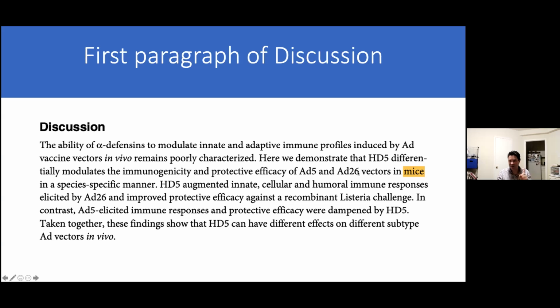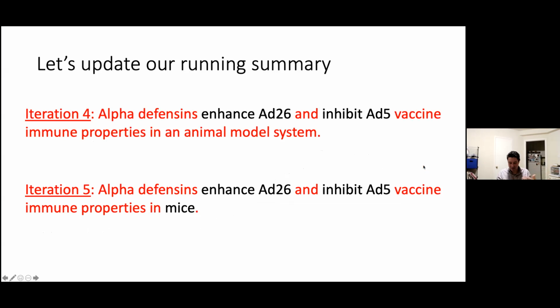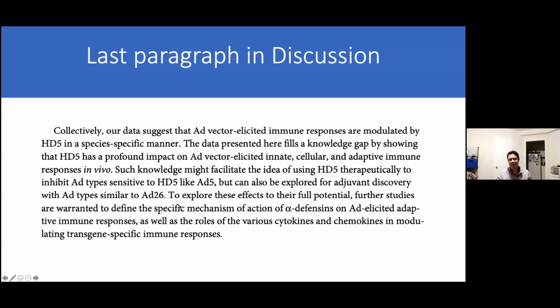It's what's delivering the spike gene to humans, which is awesome. But in addition to that, we mentioned the word mice, which has to do with the model system. So instead of just saying this animal model system here, now we've added mice to that. So our working summary is: alpha defensins enhance AD26, inhibit AD5 vaccine immune properties in mice.